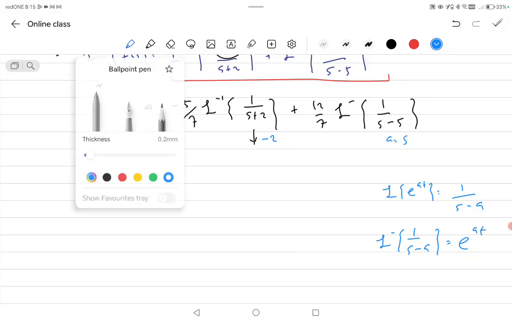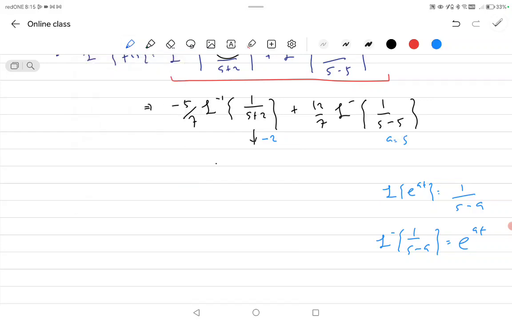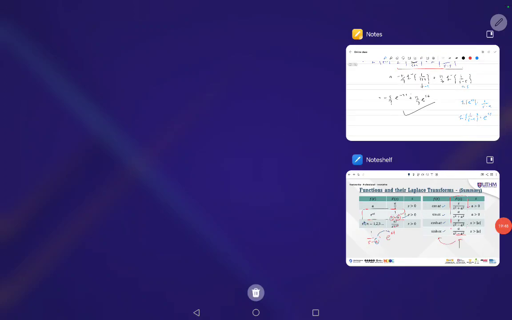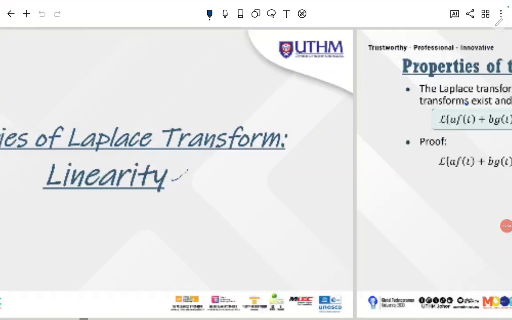So straight away we can obtain the result: minus 5 over 7 e to the power of minus 2t plus 12 over 7 e to the power of 5t, similar to what we got in the slide.